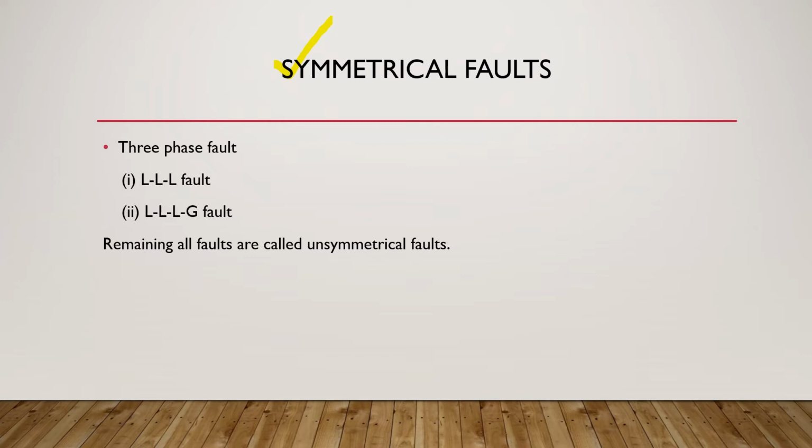If it is not like that, then it is considered an unsymmetrical fault. From our previous discussion, three-phase fault will be considered a symmetrical fault, and the three-phase faults can be triple line fault or triple line to ground fault. All remaining faults are considered unsymmetrical faults. So this is the difference between symmetrical and unsymmetrical fault.